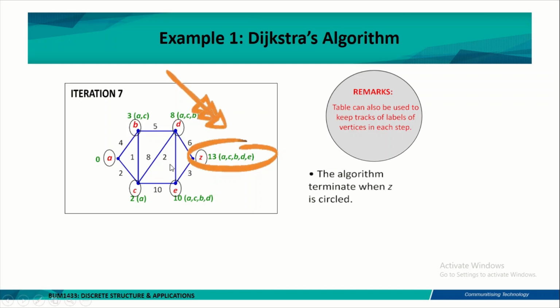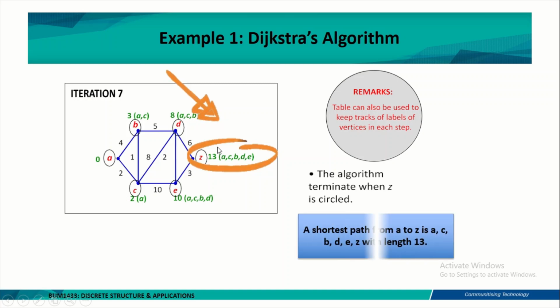ACBDE is the path, and 13 is the length of the path. So the final answer is that the shortest path from A to Z is ACBDEZ with length 13. This is the end.